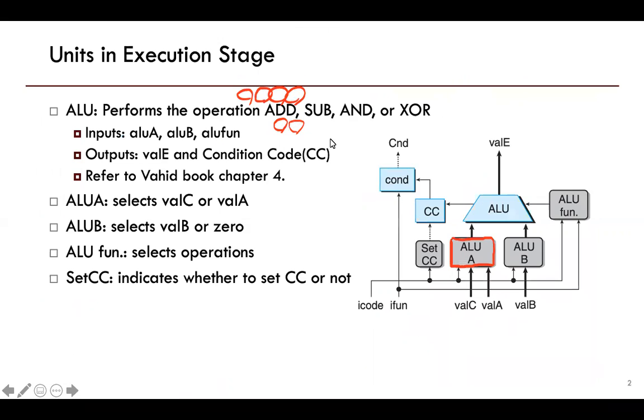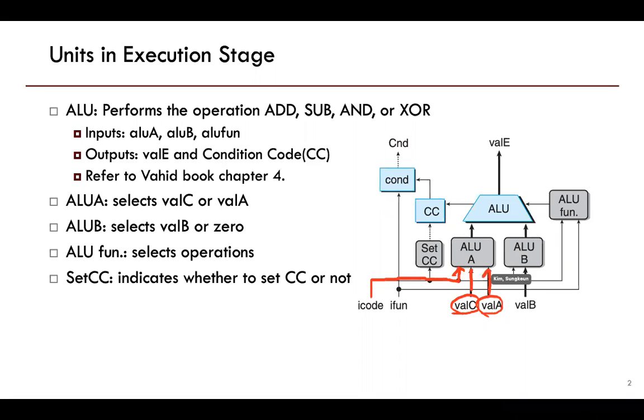Let's go back. Here ALU A and ALU B do the same thing. For ALU A, it selects either value A or value C, depending on the instruction. That's why it takes icode as well.